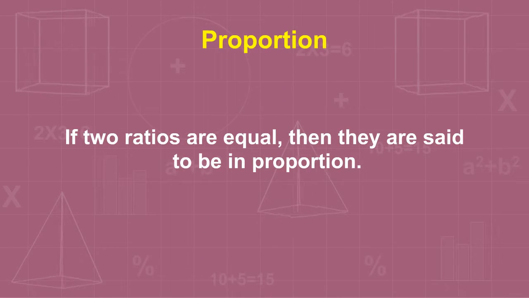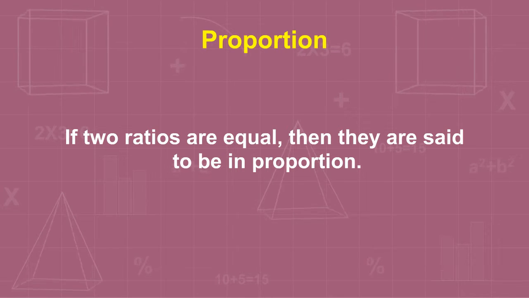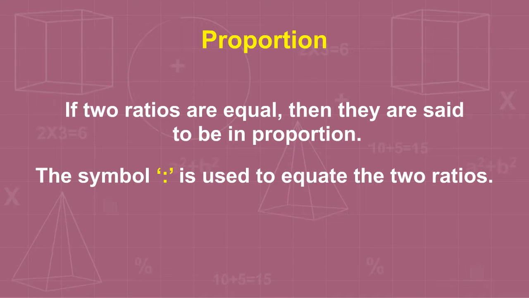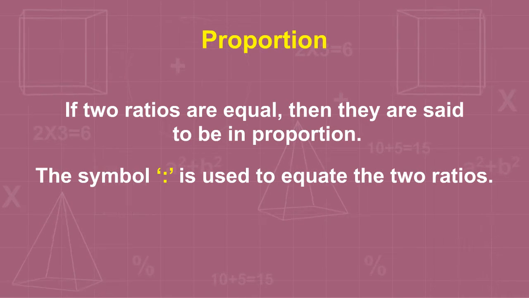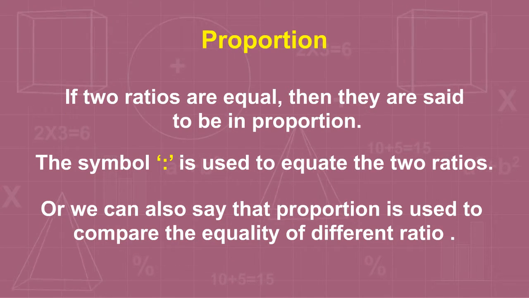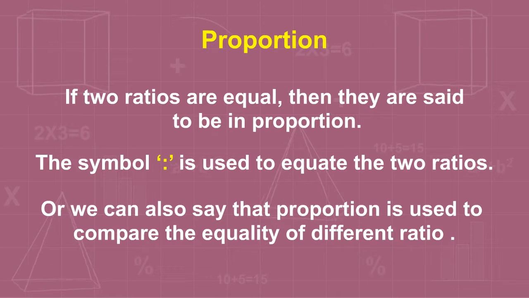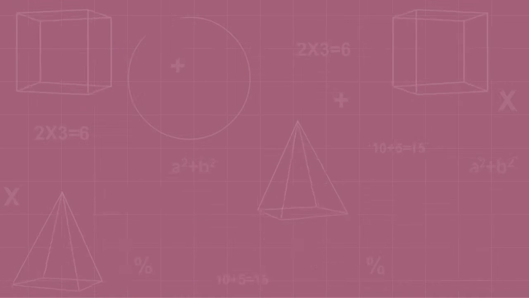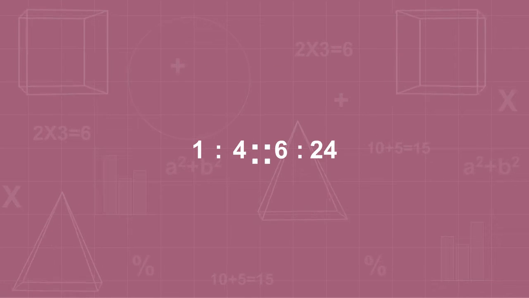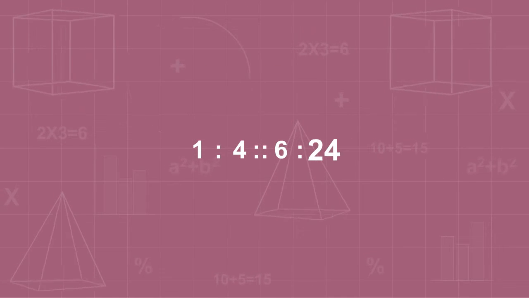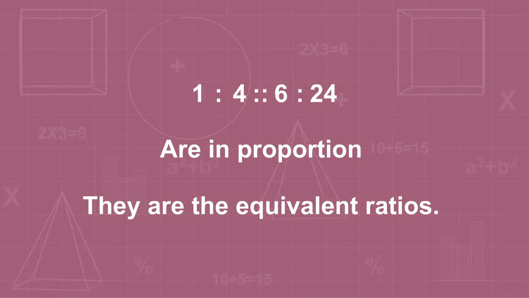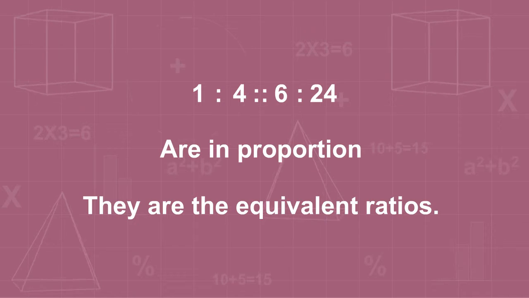Proportion. If two ratios are equal, then they are said to be in proportion. The symbol is used to equate the two ratios, or we can also say that proportion is used to compare the equality of different ratios, like 1:4 is equal to 6:24, is said to be a proportion because they are equivalent ratios.